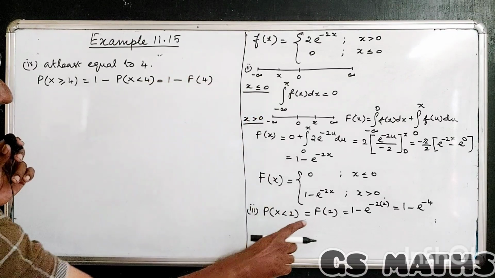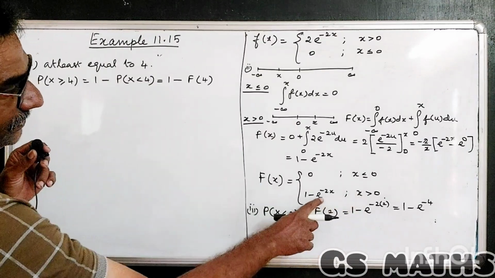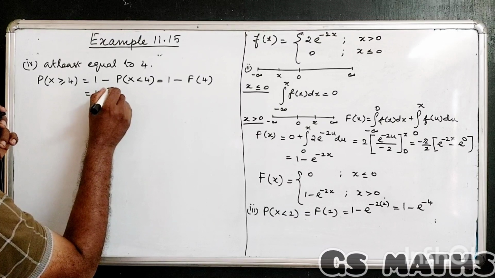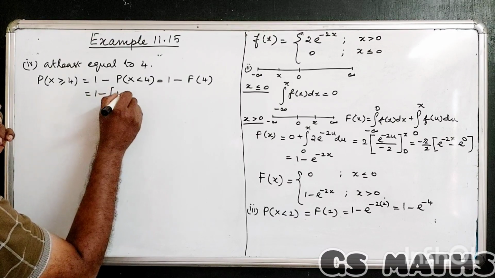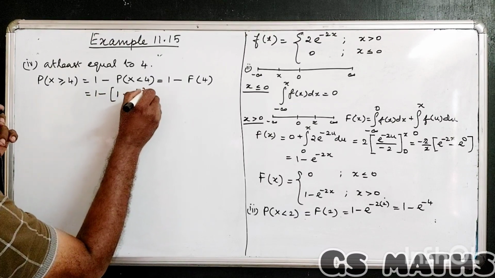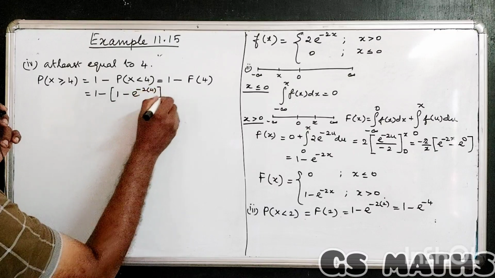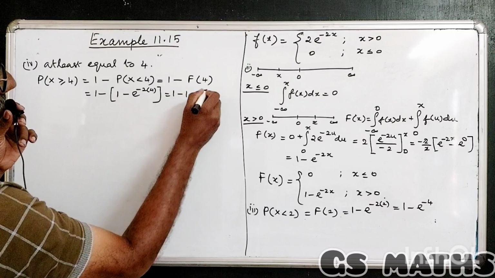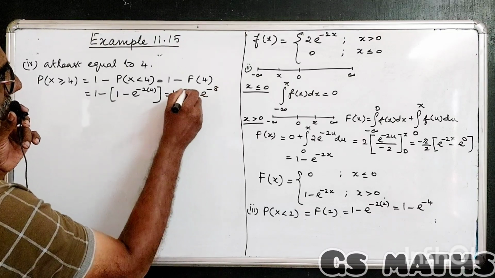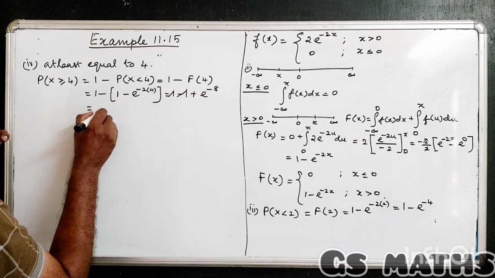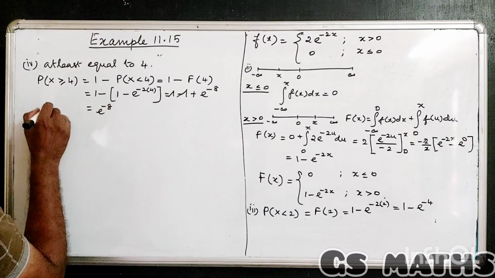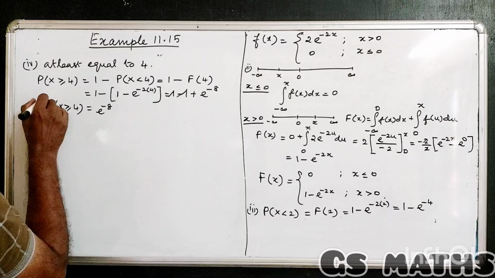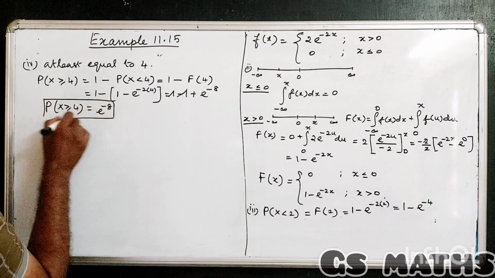What is capital F of 4? 4 is in this interval, so you have to substitute here. So 1 minus bracket 1 minus e power minus 2 into 4, which is 1 minus 1 plus e power minus 8. The 1 gets cancelled, so the answer is e power minus 8. This is P of x greater than or equal to 4. This is the fourth one.